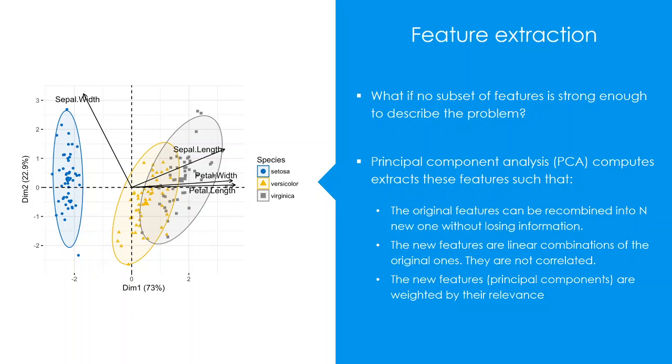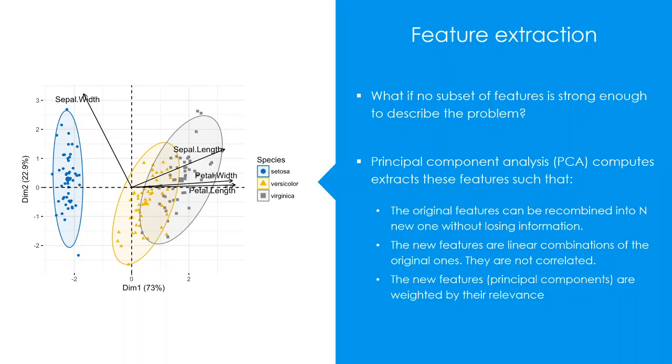Because of course we can recombine the original features in different ways. But in the case of the PCA algorithm, this is something that we are going to do by using linear combinations. Okay. And another characteristic is that the features we produce are not correlated.